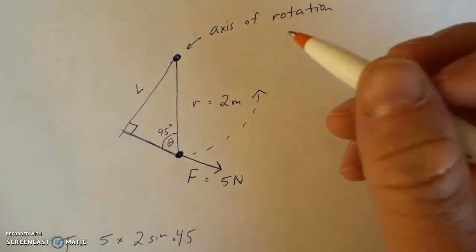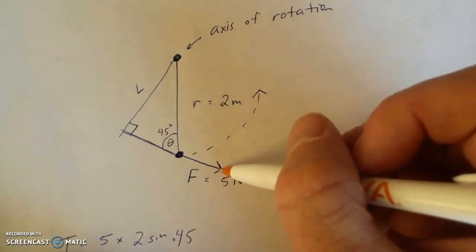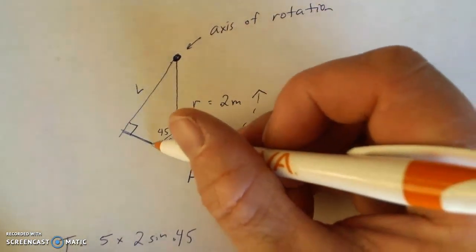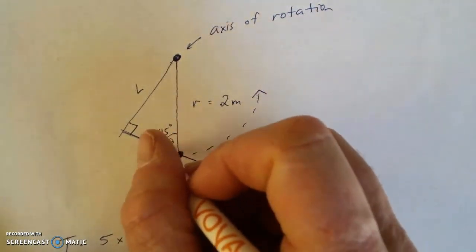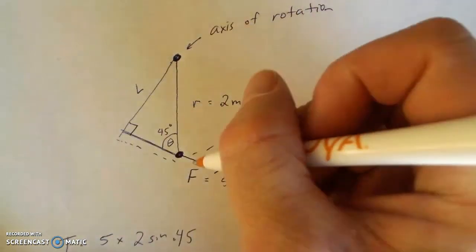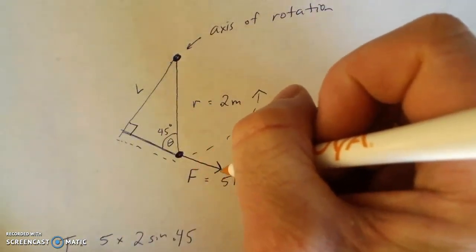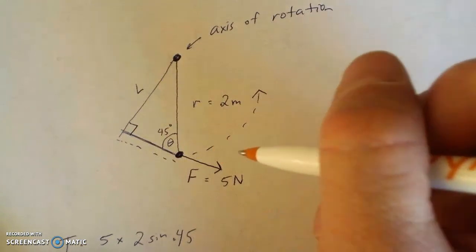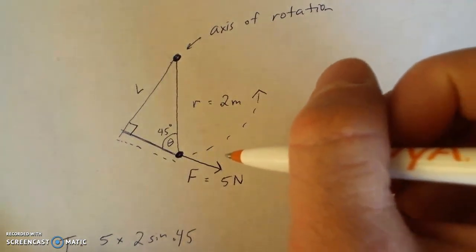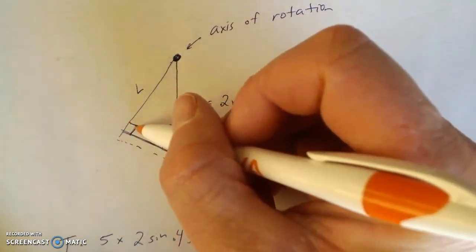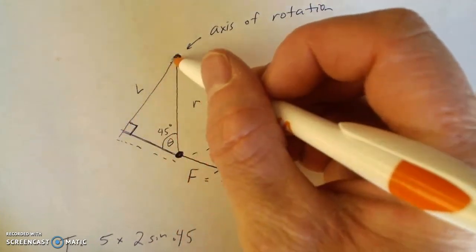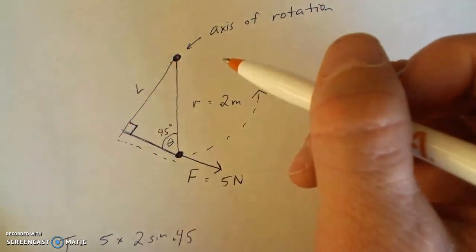But this line of force, you draw an imaginary line which extends beyond our actual force vector back in towards the axis of rotation until it makes a 90-degree angle with our lever arm.